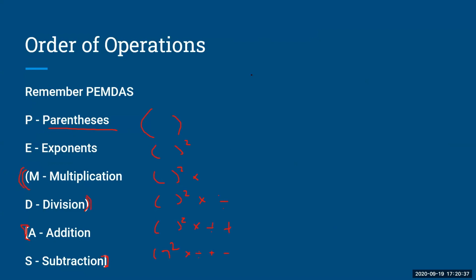If you see, let's say, 4 times 3 divided by 2, multiplication and division together, or 4 minus 3 plus 2, how I learned it is that you just do it left to right if you see the same type of operation. So this would be 12 divided by 2, and this would be 1 plus 2.